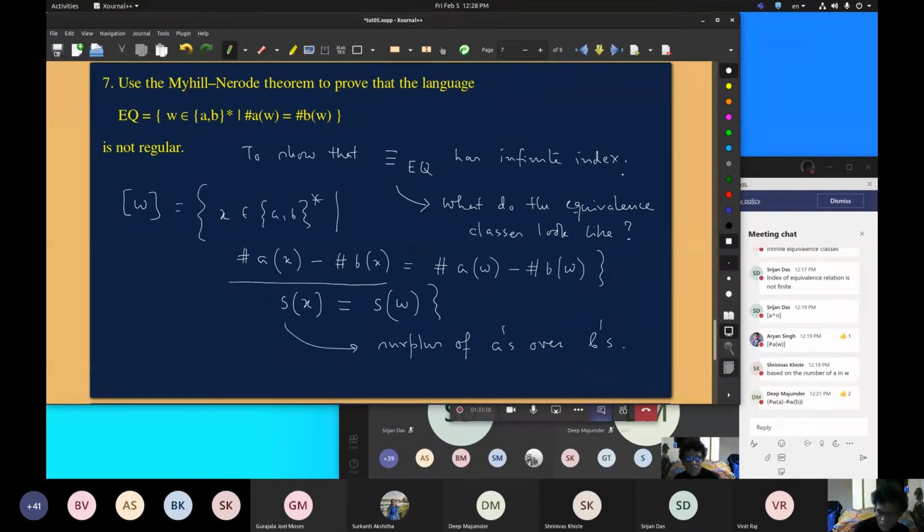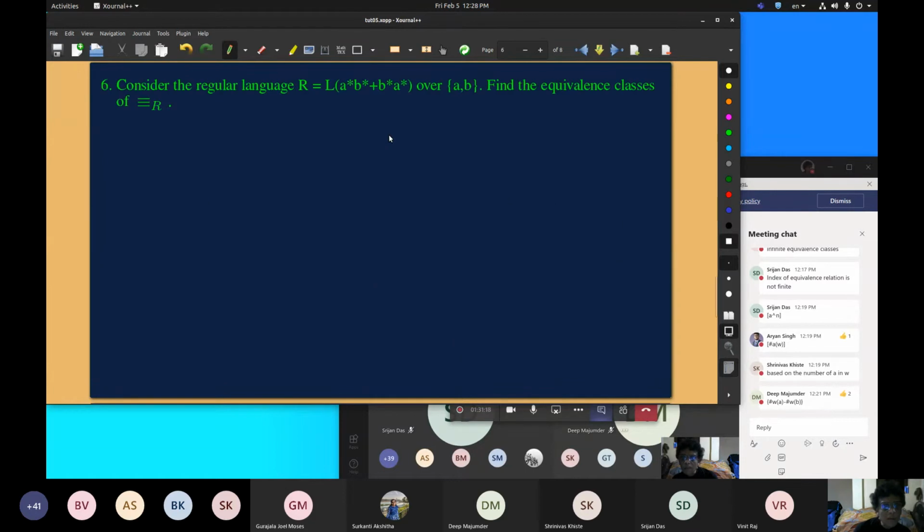Okay. So maybe I just end today's tutorial by doing the same thing. Consider this language and find all the equivalence classes of this. Same relation, but this time this will be finite because this is a regular language.